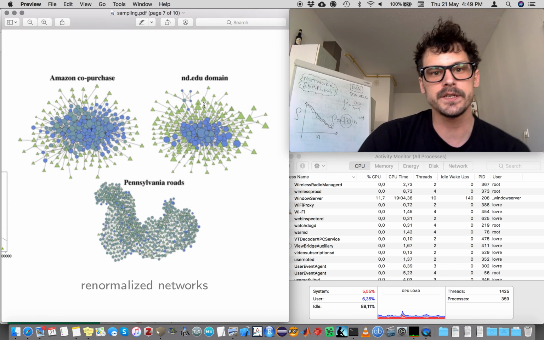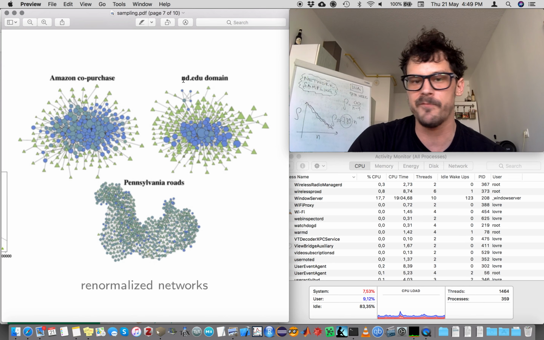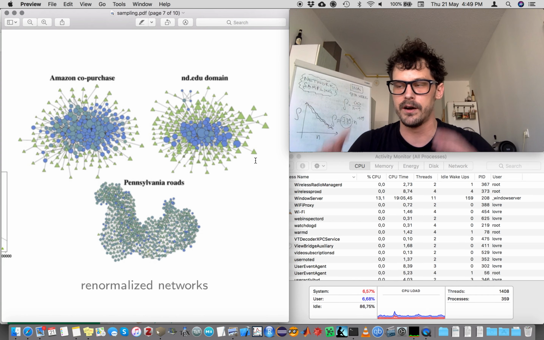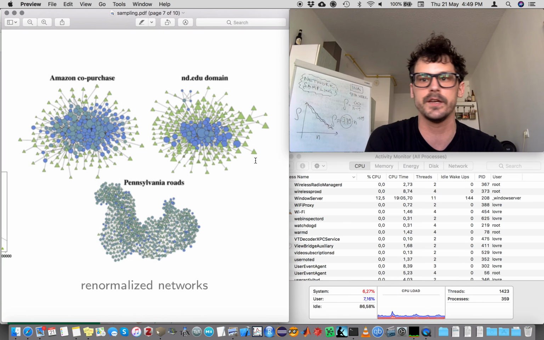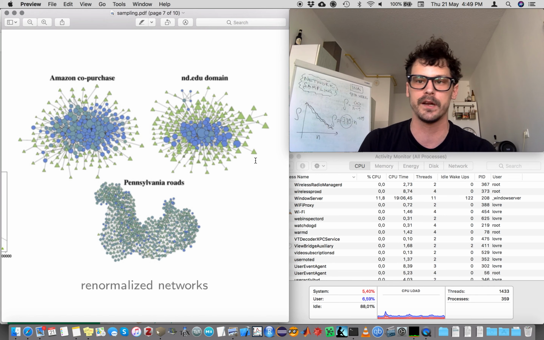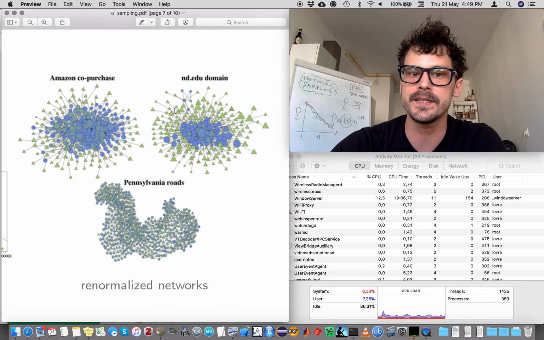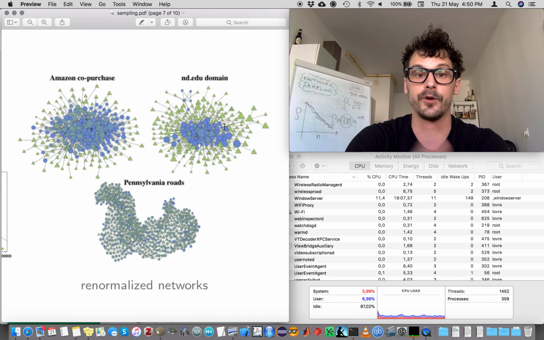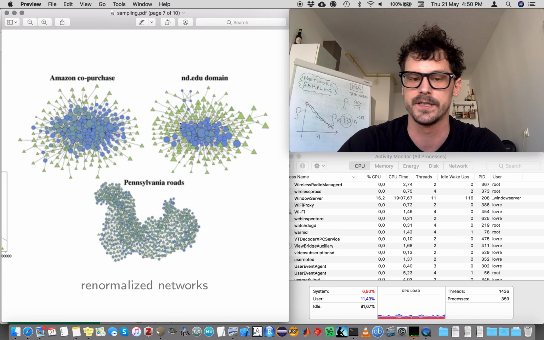For instance, if you take the web graph of Notre Dame, notice that it's still this smaller sample that contains only a couple of hundred nodes, that is several orders of magnitude smaller than the original network. It still retains some properties that we know are present in web graphs, like for instance, here some nice core periphery structure.